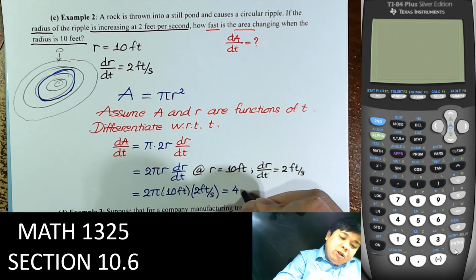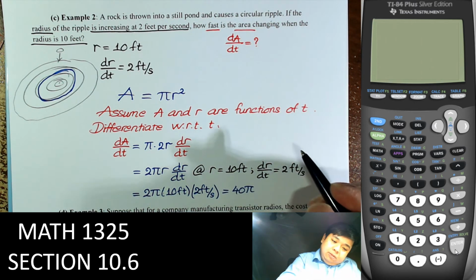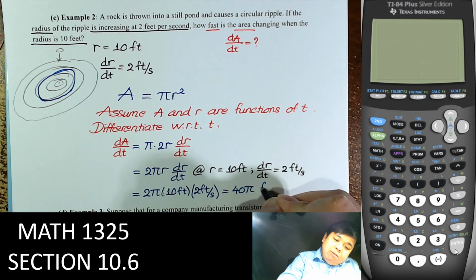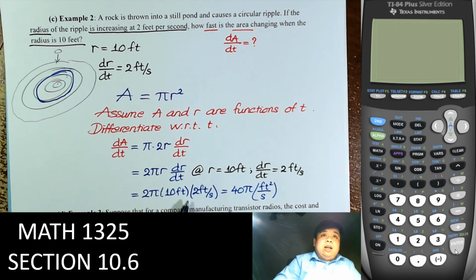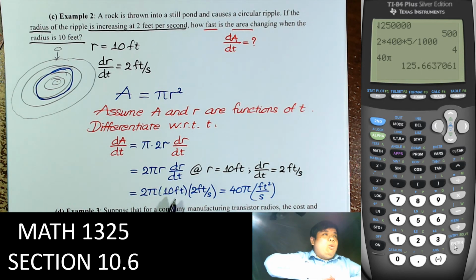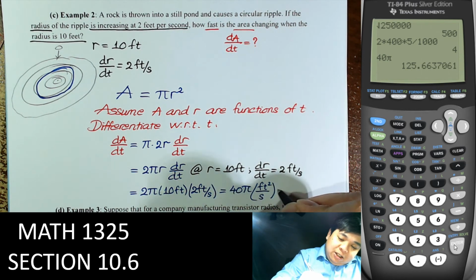So just say 40 pi, and then square feet per second. If we want an estimate, 40 pi is 125.66.